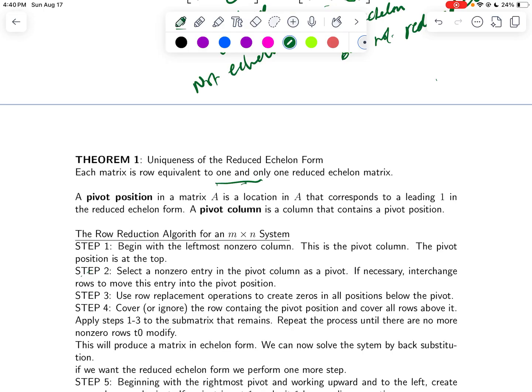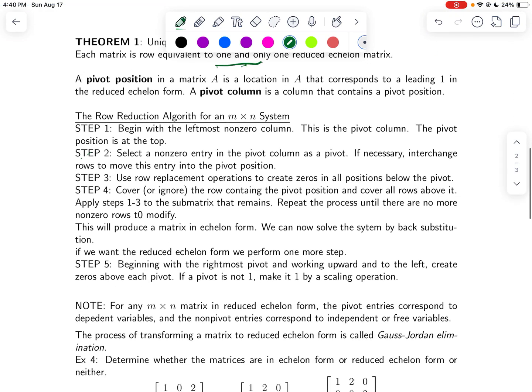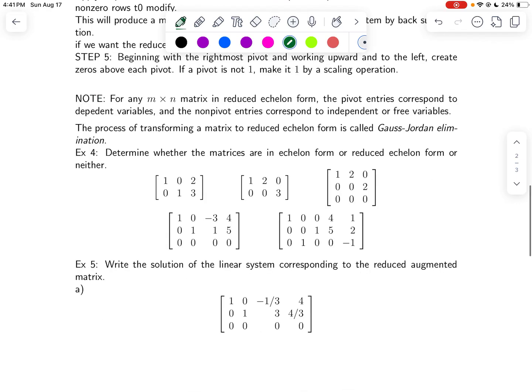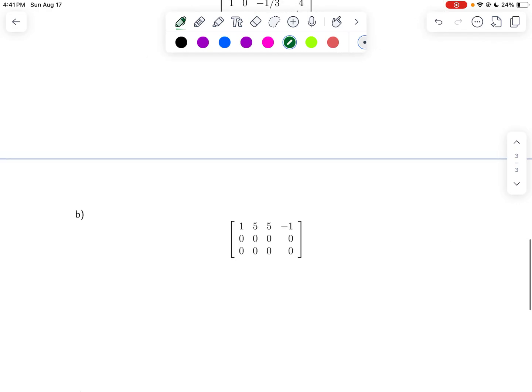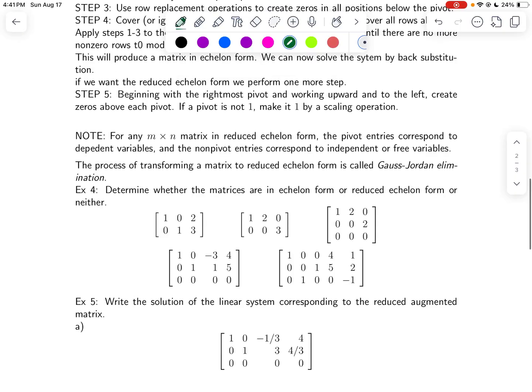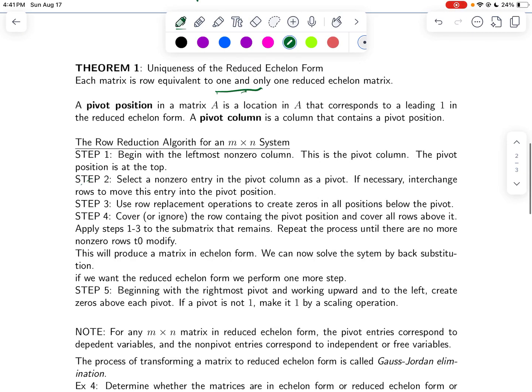So if necessary, interchange rows to move this entry into the pivot position. Step 3 is use row replacement operations to create zeros in all positions below the pivot. So the first process is going to be, I'll show you. Okay, let's make it.